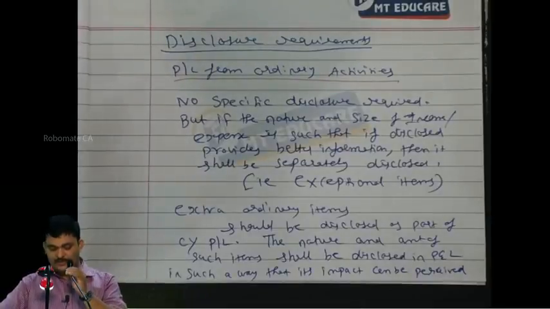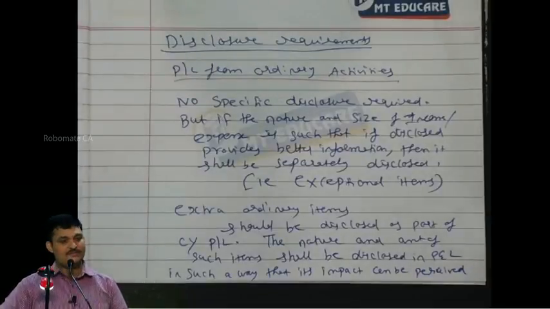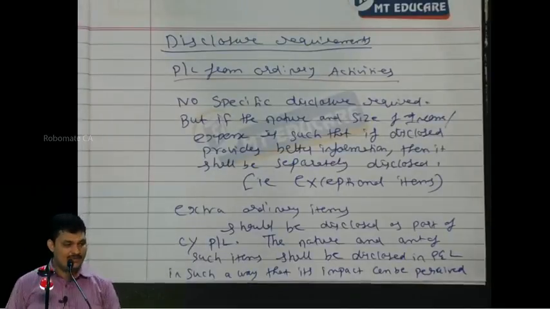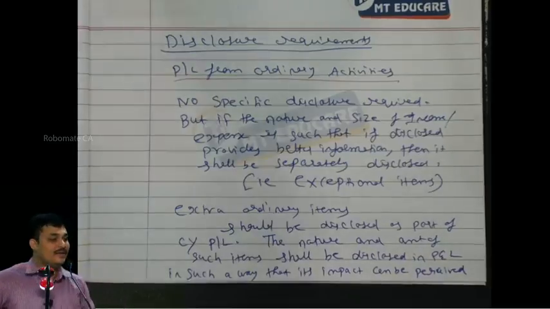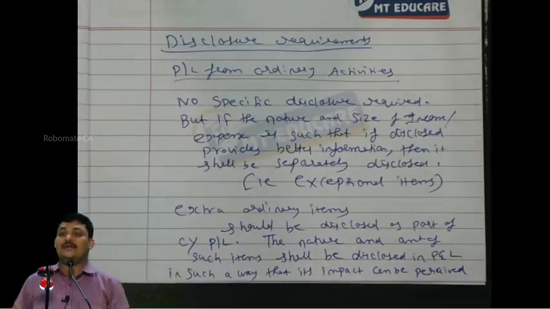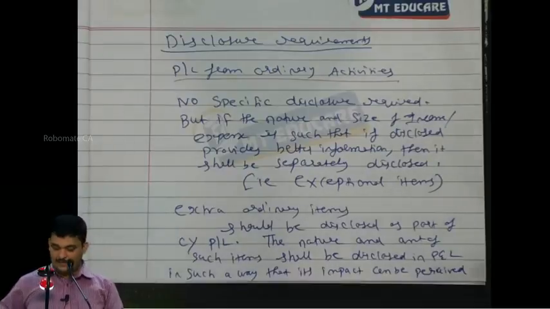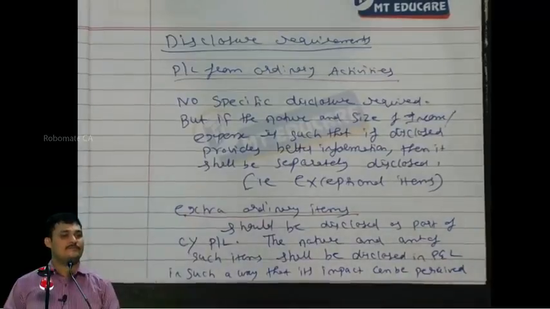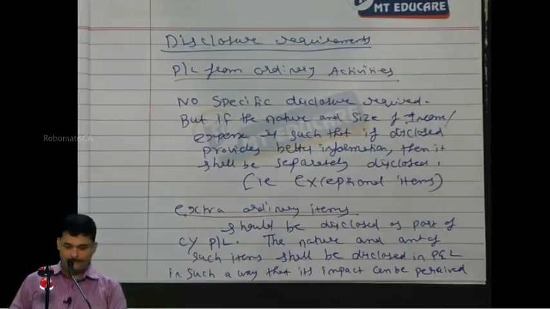Extraordinary item should be disclosed as part of current year profit or loss, which means that it is not to be shown as a separate item as if not relating to the current year. The nature and amount of such item shall be disclosed in the P&L in such a way that its impact can be clearly perceived by the readers, can be clearly understandable to the readers. Understood? That is what the disclosure requirements relating to extraordinary items are.